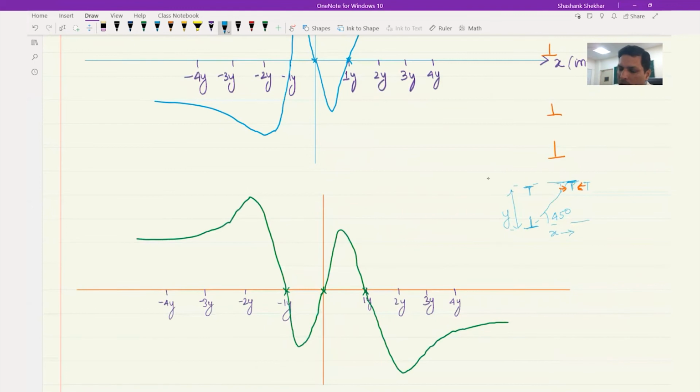From this plot, you can see that if the dislocation moves a little to the positive x, then it has forces acting in the positive direction. And if it moves a little to the left, it has forces acting in the negative direction. And there will also be a stable equilibrium position over here at minus 45 degrees.